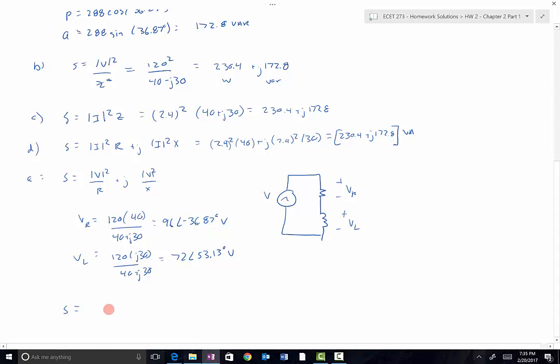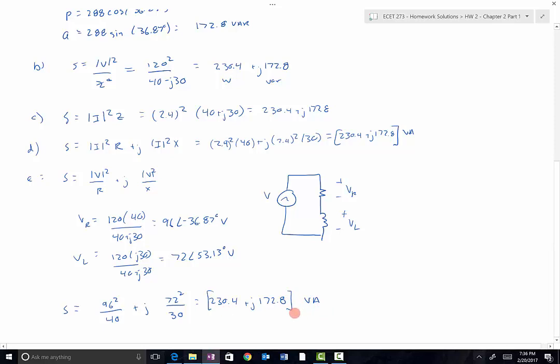That's going to be equal to 96 squared, which is the magnitude of the voltage across the resistor, divided by the resistance of 40 ohms, plus j times 72 squared, which is the magnitude of the voltage across the inductor, divided by the inductive reactance, which is 30 right there. And we get 230.4 plus j172.8, again volt-amps.